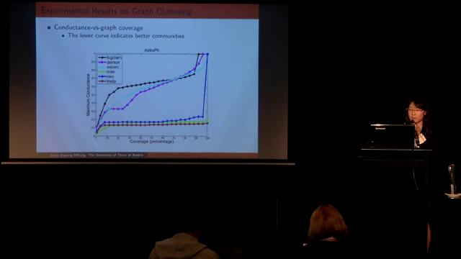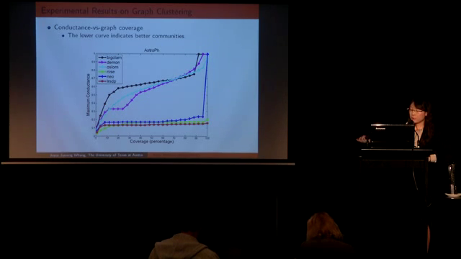Finally, we studied graph clustering problems on real-world social networks. Here we measured the conductance versus graph coverage metric. The conductance is one of the standard ways to evaluate the quality of communities. We first sort the communities according to the conductance and greedily take the communities until we cover a certain percentage of the graph.